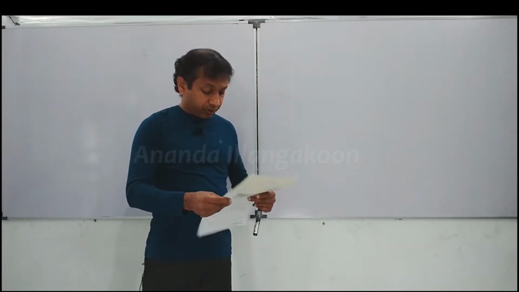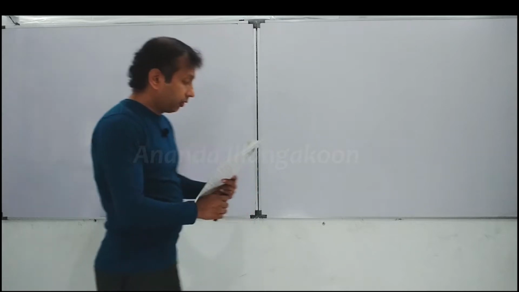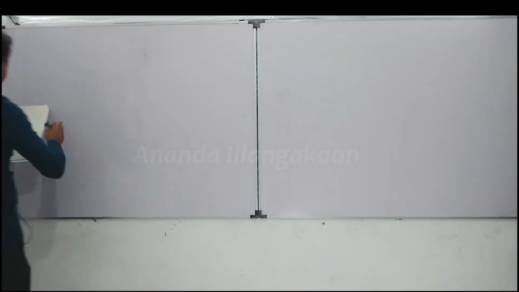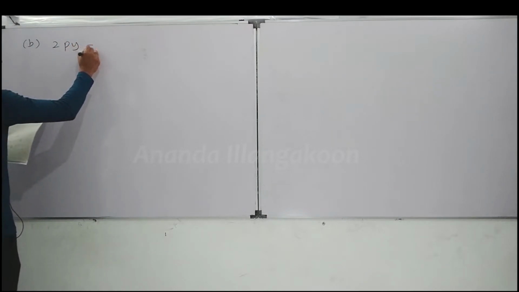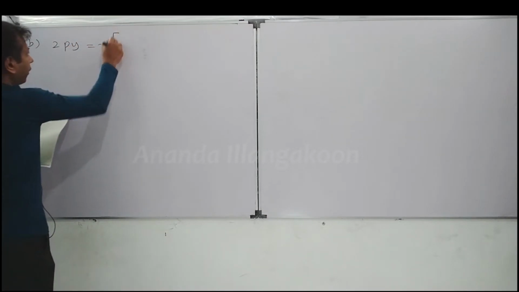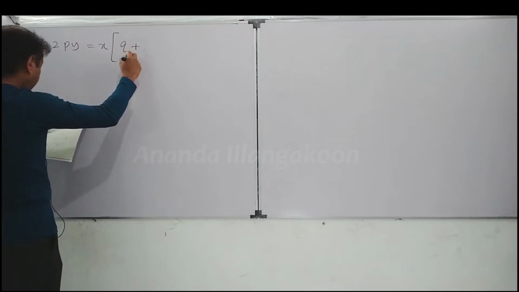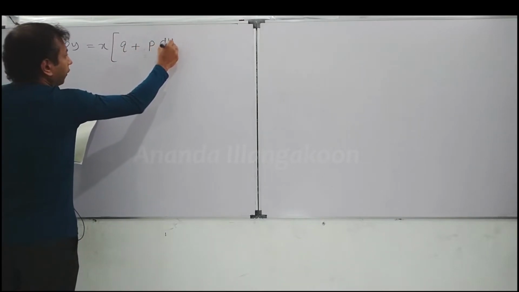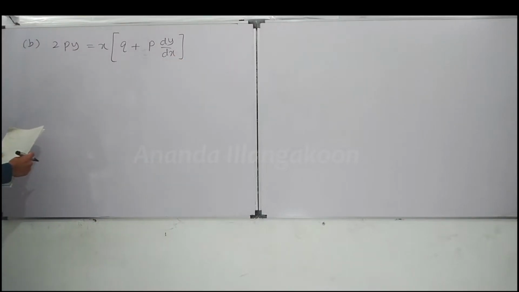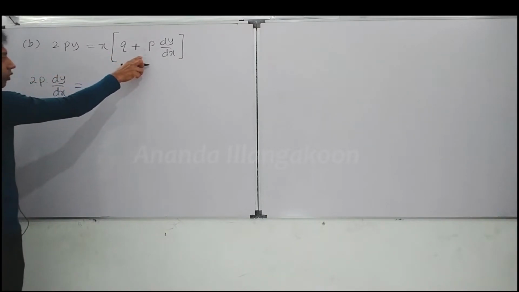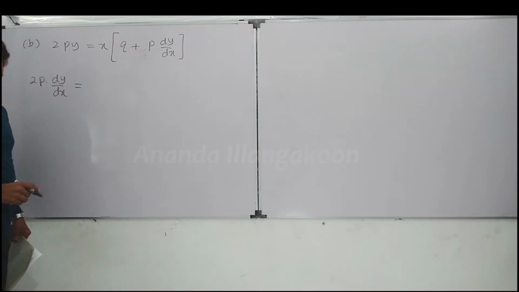Second part, given like this, 2py equals x times (q plus p dy by dx). We differentiate this first. 2p derivative of y is dy by dx. To the right hand side we apply product formula u into v.